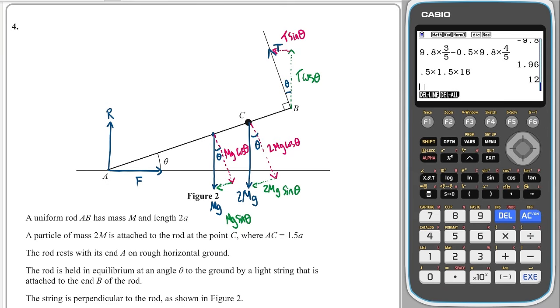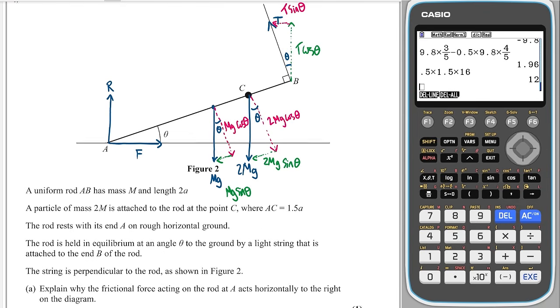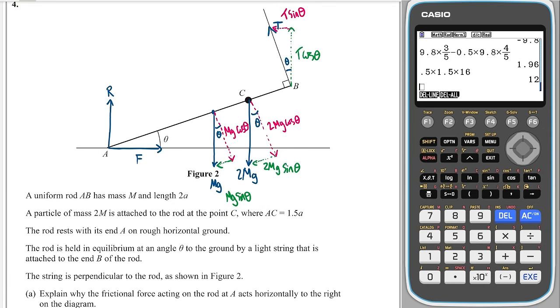It looks fantastic, and I know that it's taken a long time and we haven't actually answered any of the question yet, but it's so important to draw a good force diagram. It makes the rest of the question so much easier. Now it says explain why the frictional force acting on the rod at A acts horizontally to the right. And that's because the only horizontal force is T sine theta, which acts to the left.